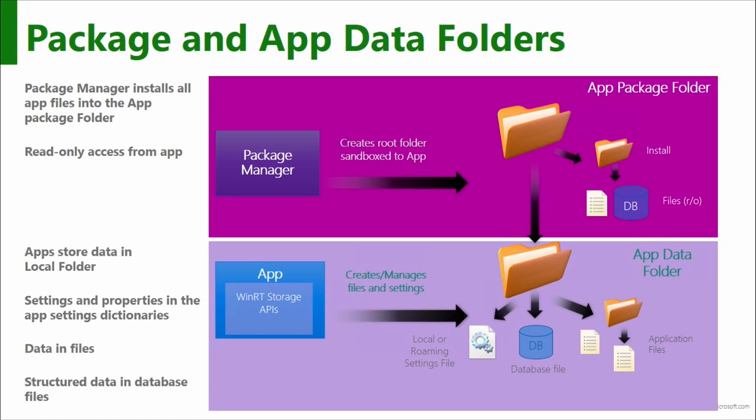You can install read-only stuff, and in many cases you can open a reference to those files and just read the content if that's all you want. If you want to modify that, then what you have to do is simply take a copy of it from the package folder and copy it into one of your app data folders, and then you can manipulate it. All right, that's a reasonable strategy.